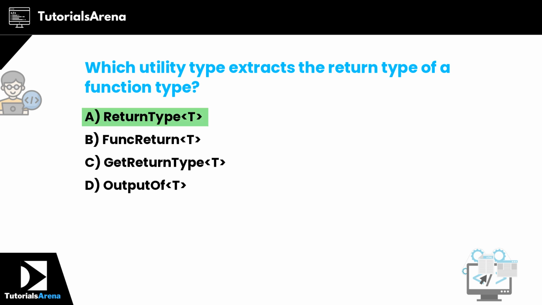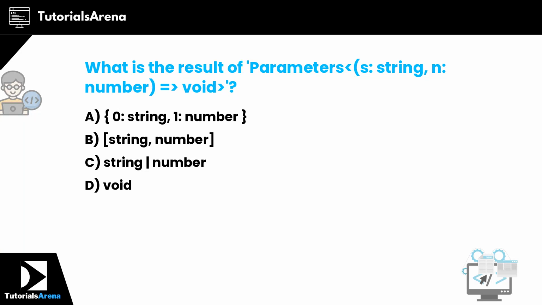The correct answer is option A, ReturnType<T>. What is the result of Parameters<(s: string, n: number) => void>? The correct answer is option B, [string, number].